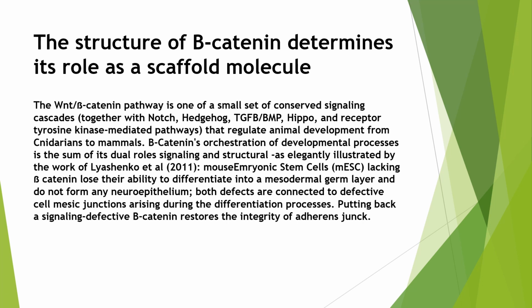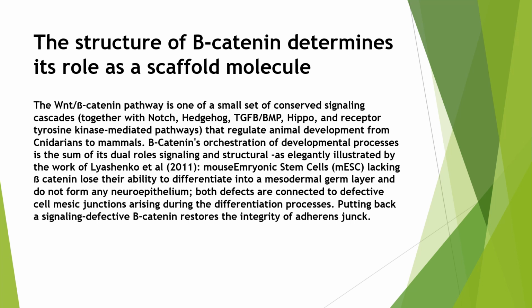The structure of beta-catenin determines its role in the cell. The beta-catenin pathway is one of a small set of conserved signaling cascades, such as the receptor tyrosine kinase mediated pathway, that regulate animal development from worms to mammals. Beta-catenin's role in developmental processes is the sum of its dual role, signaling and structural, as illustrated by the work of Lanchiko.